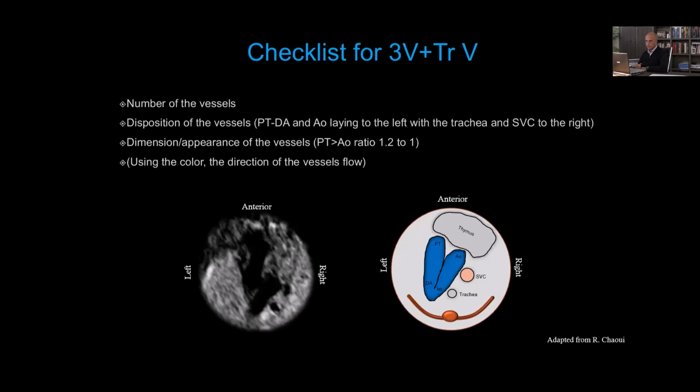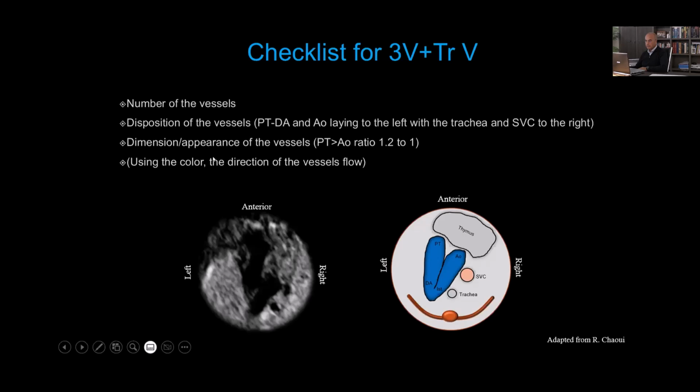We have to look at the number of the vessels, the disposition of the vessels, with the pulmonary trunk, ductus arteriosus, and the aorta with the isthmus line to the left of the chest with the trachea and the superior vena cava to the right.